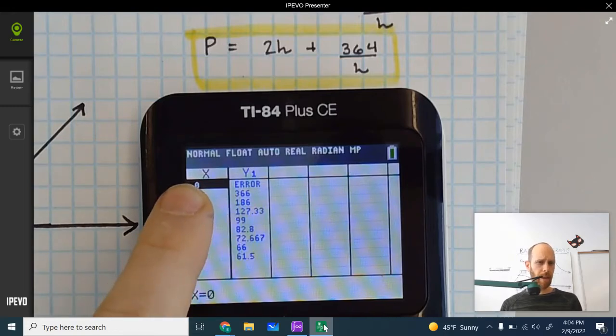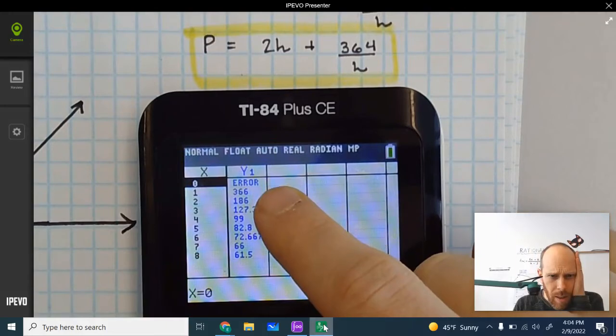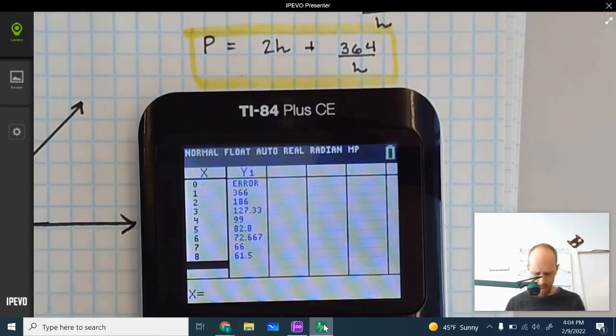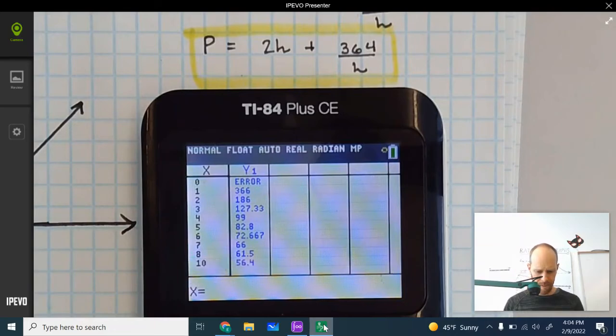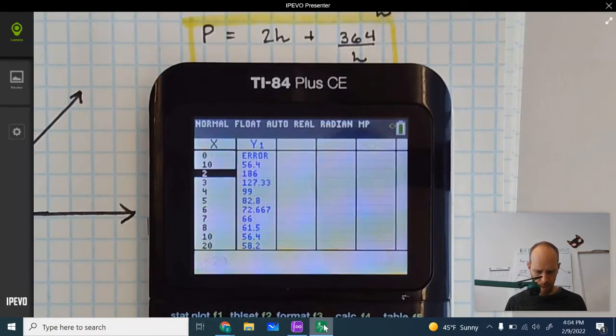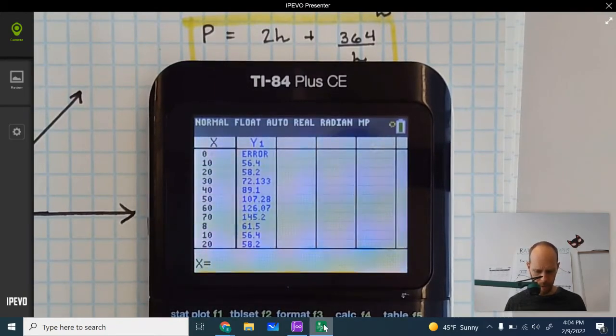All right, so as the height is getting bigger, let's see what's happening here. It seems like it continues to get smaller for a while. 10, 20. That's as far as I can go. Let's go 10, 20, 30, 40, 50, 60, 70, 80.